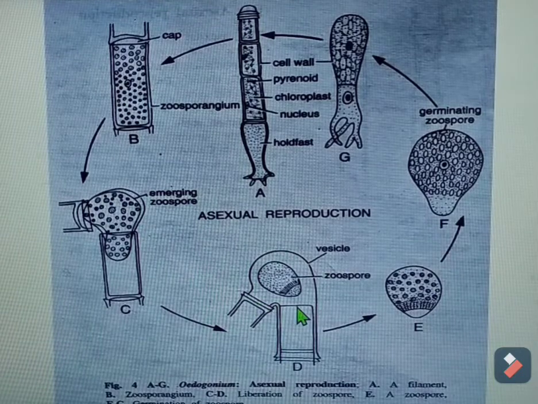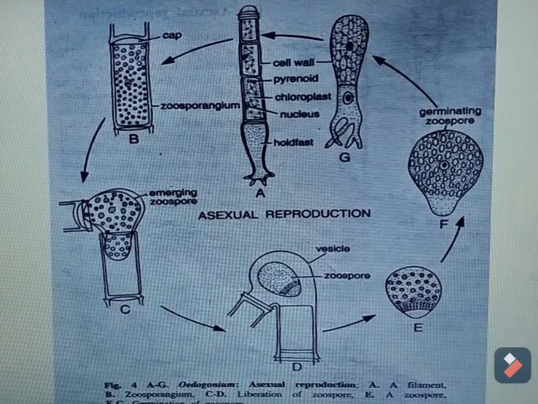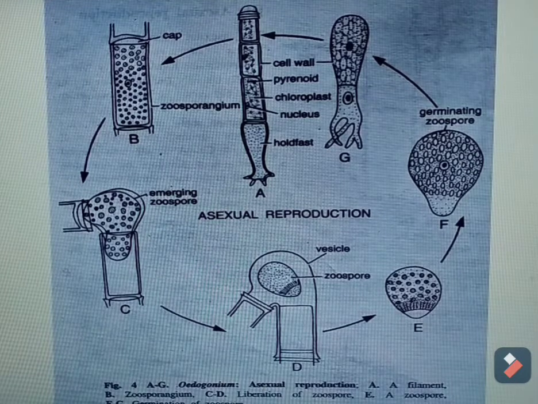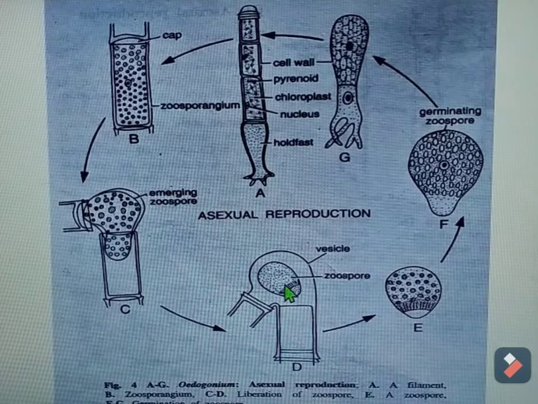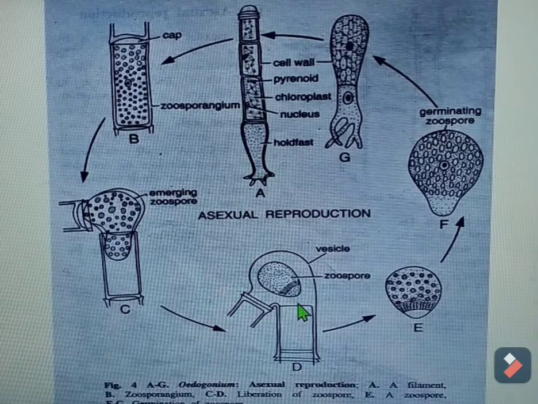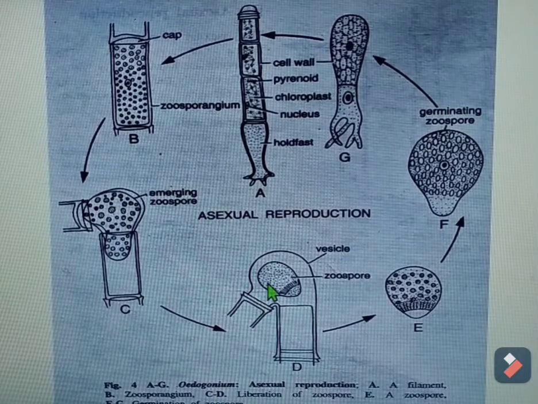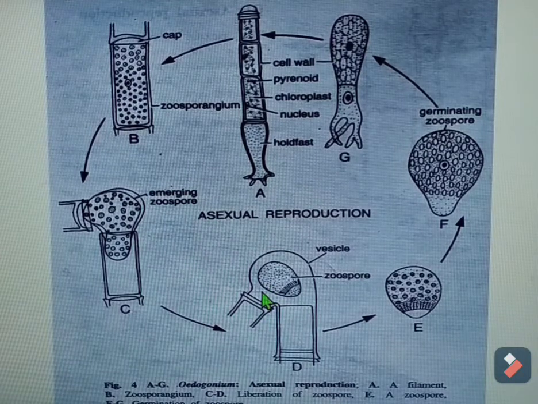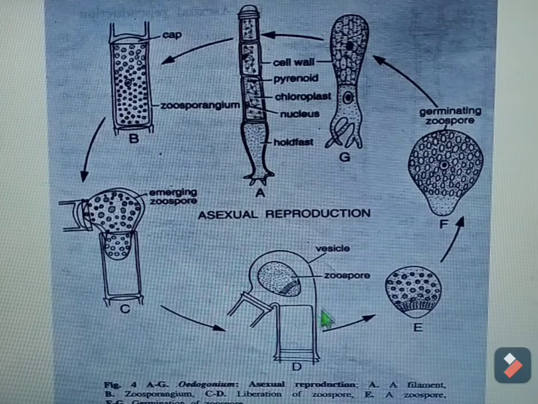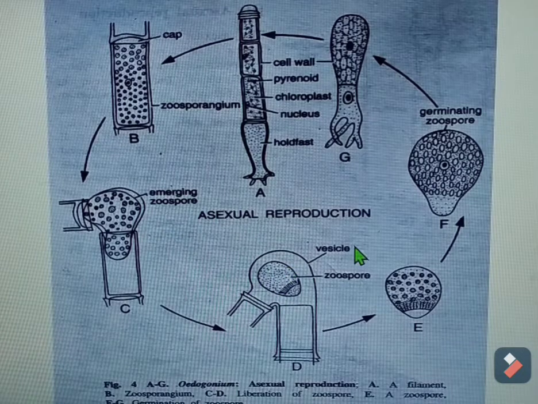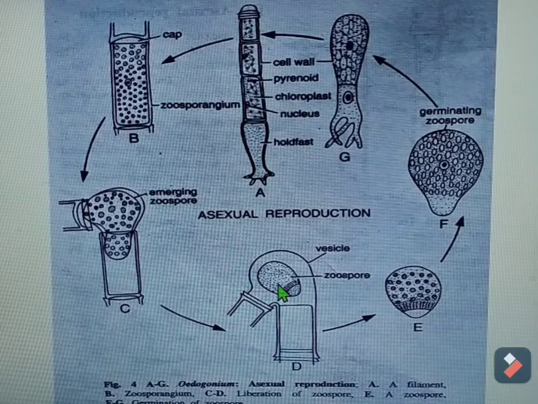That is, a substance which has a gelatinous or viscous consistency will be secreted in the zoosporangium at the base of the zoospore, which aids in the extrusion of the zoospore after it absorbs water.